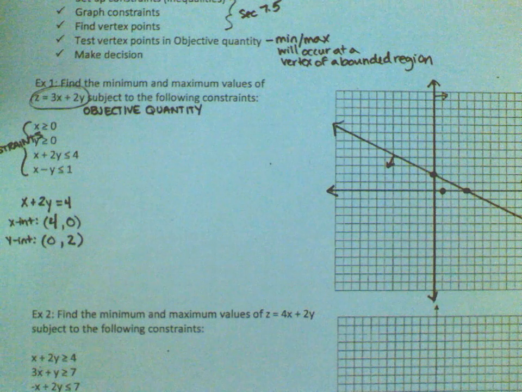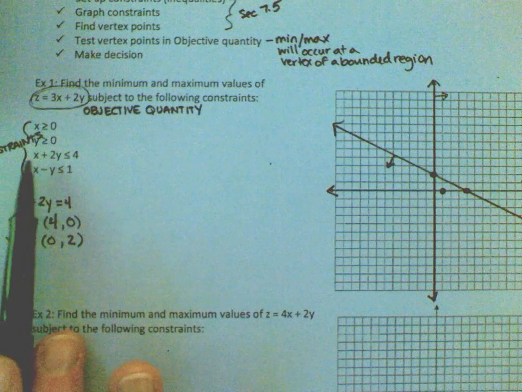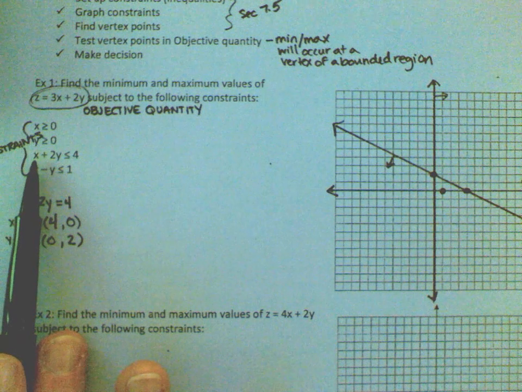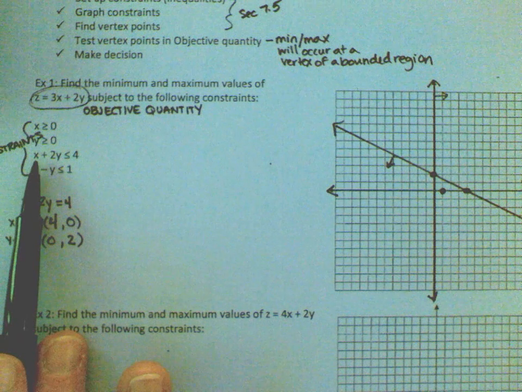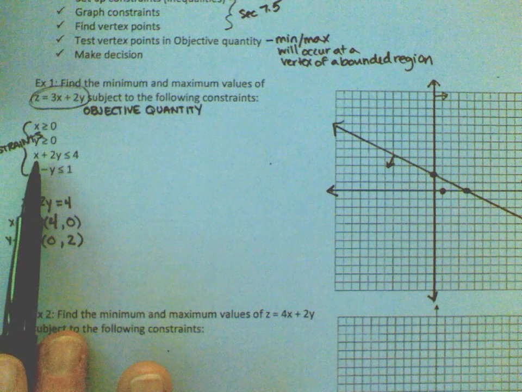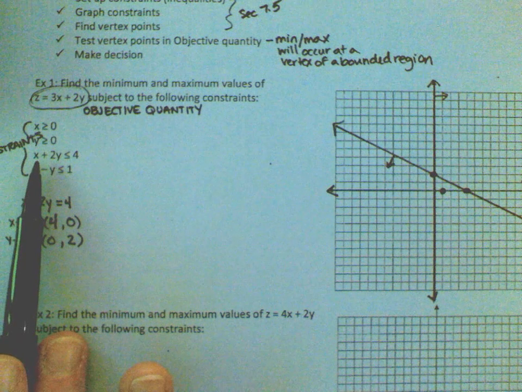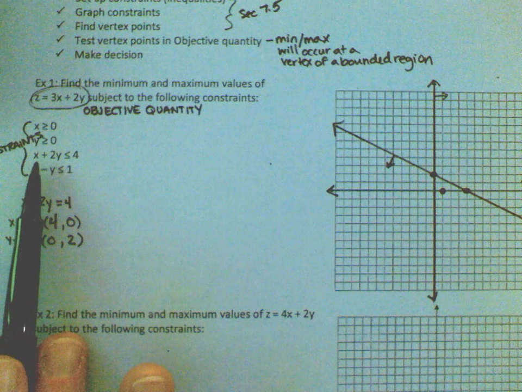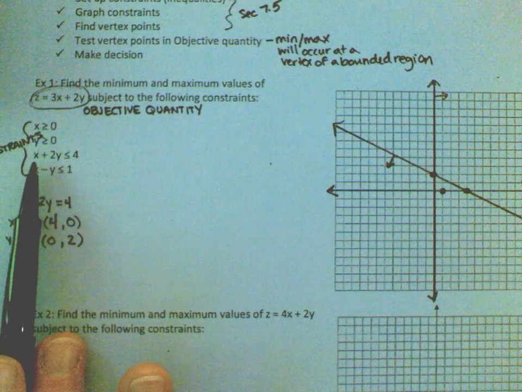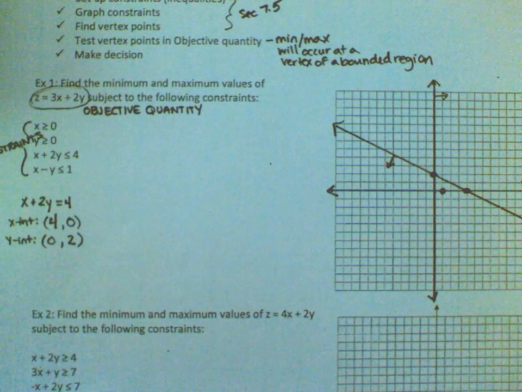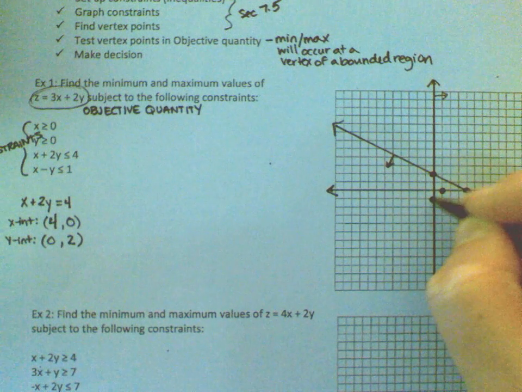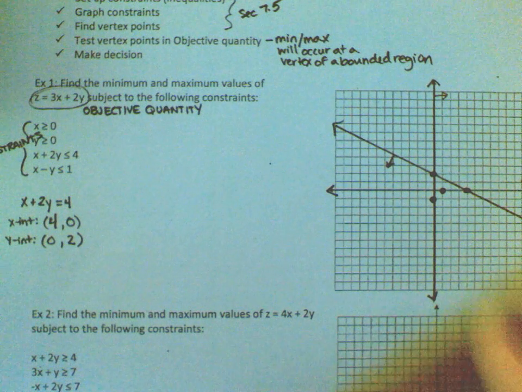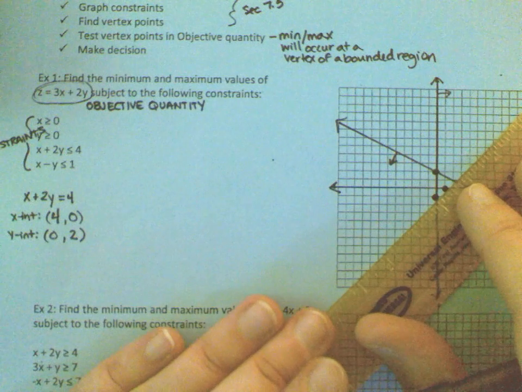If I plug 0 in for x, I'm left with the equation negative y equals 1, which means y is at negative 1. So I should go down 1 for the y-intercept. Are we okay with that intercept method? Yes. I also sometimes call it cover-up method because you're just covering up one of the variables and solving for the other. That's finding its intercept.